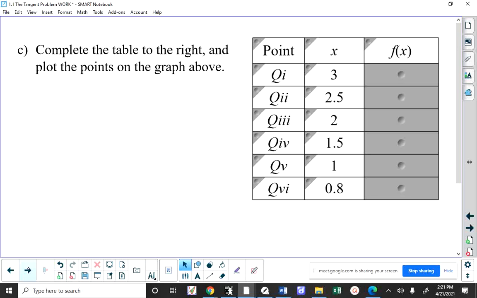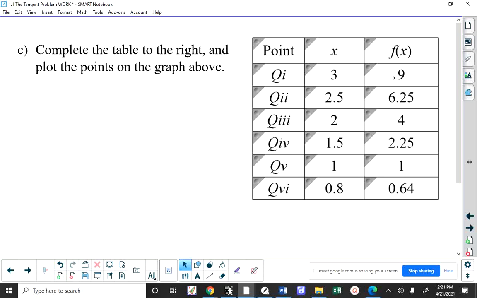Because some of these numbers are going to get awkward in decimal form, I've got my answers up here in fractional form, I think. Oh, no, I lied. I got them in decimal form. But you're just squaring all of these, right?